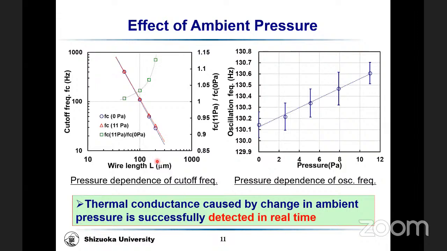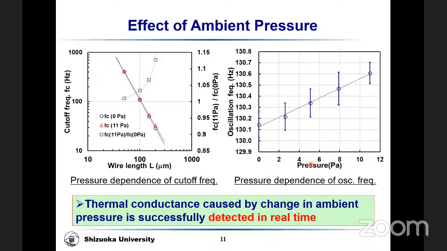But the change of the cutoff frequency is rather small because you can see that there is almost overlap between two lines. But as the wire length becomes larger, change of the cutoff frequency due to the pressure change becomes larger. And we can successfully do the experiment of a thermal feedback oscillator.